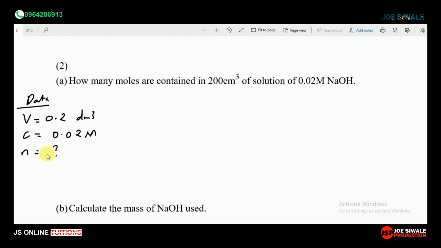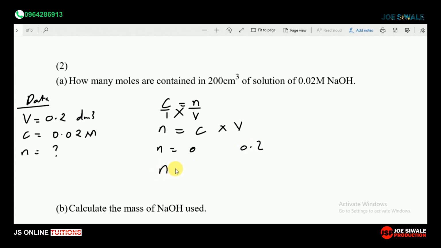we don't have. So we can say that concentration is equal to number of moles divided by volume. And to make number of moles the subject of the formula, we are going to cross multiply, and we're going to say number of moles is equal to concentration multiplied by volume. So our number of moles is equal to concentration, we have 0.02 molar, multiplied by the volume we have, 0.2.